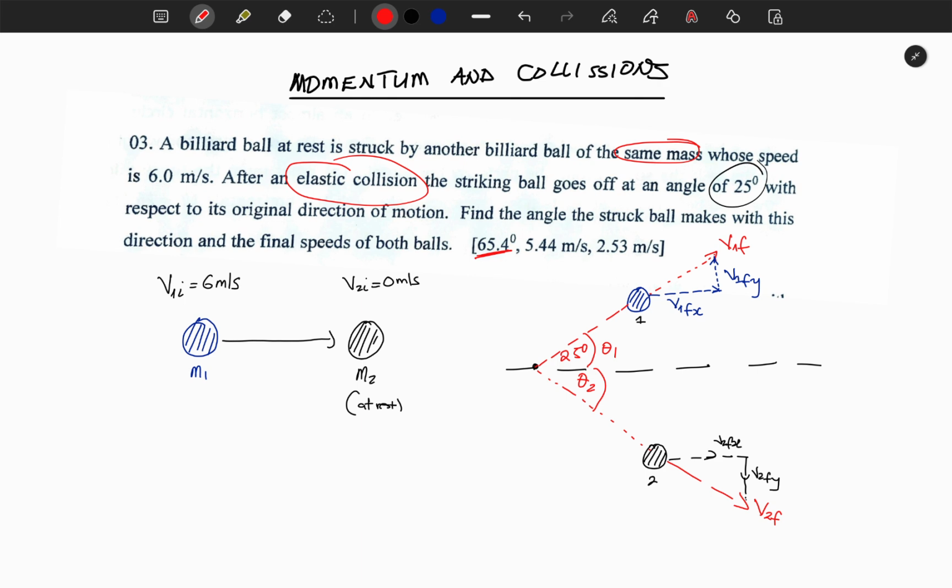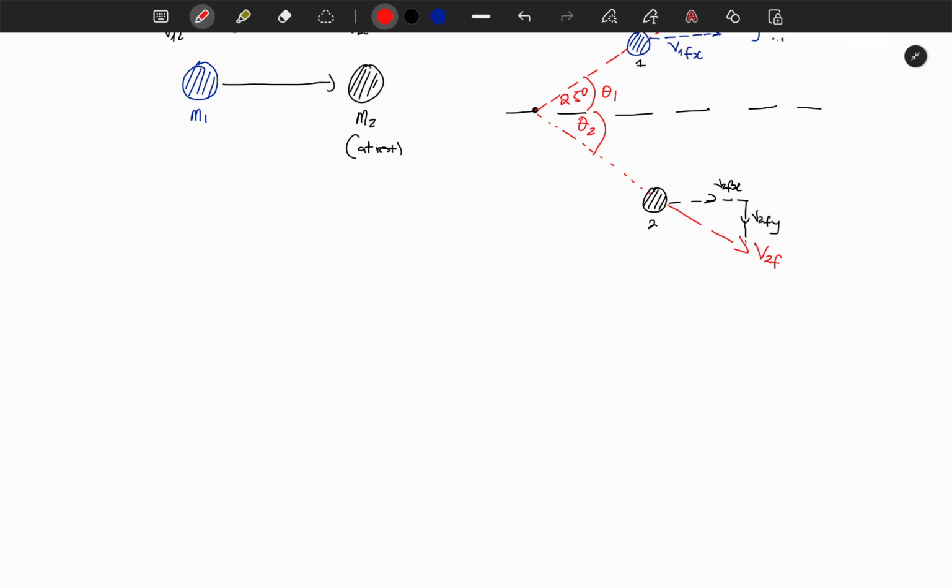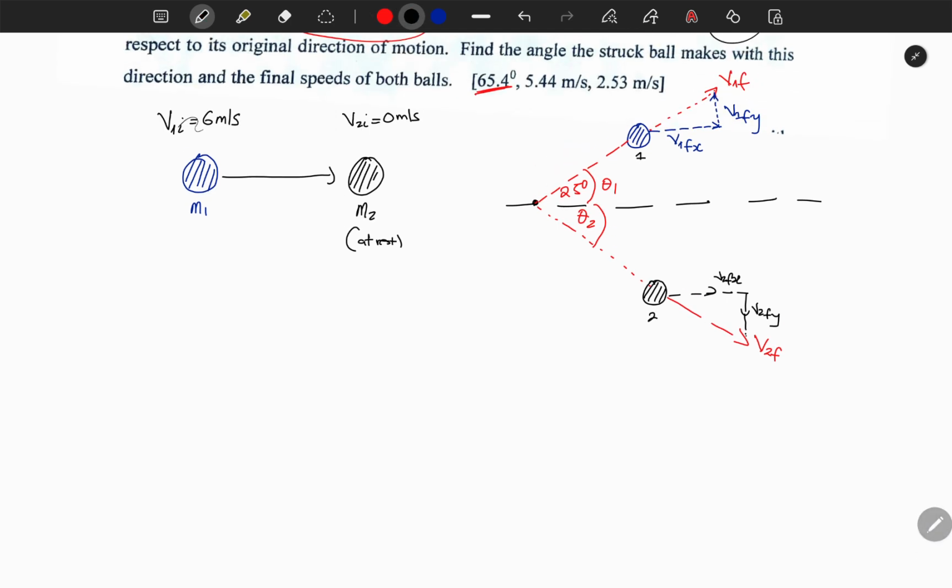So step 1 is, let's first define the variables. I've already given you 1i, 2i, 1f, and so forth, so that's the first part. Our second part, we are going to look at conservation of momentum. Remember, this is an elastic collision.